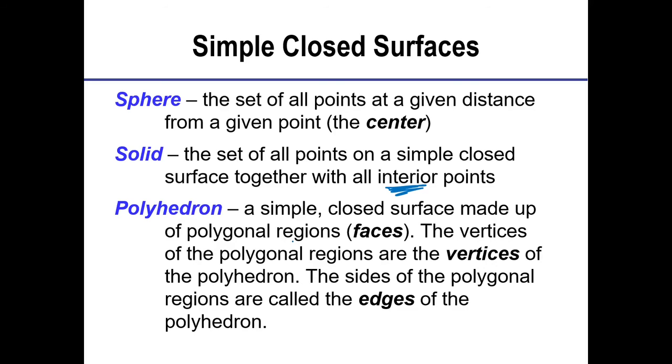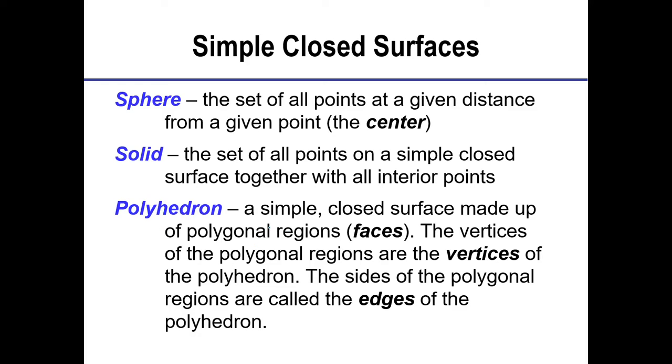A polyhedron is a simple closed surface made up of polygonal regions or faces. The vertices of the polygonal regions are the vertices of the polyhedron. The sides of the polygonal regions are called the edges of the polyhedron.